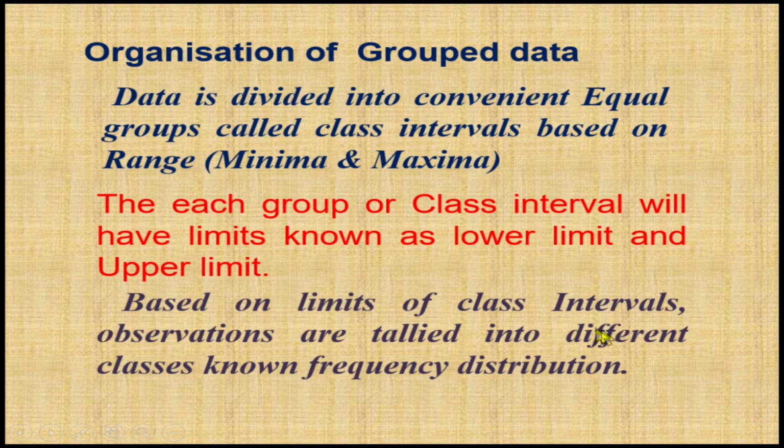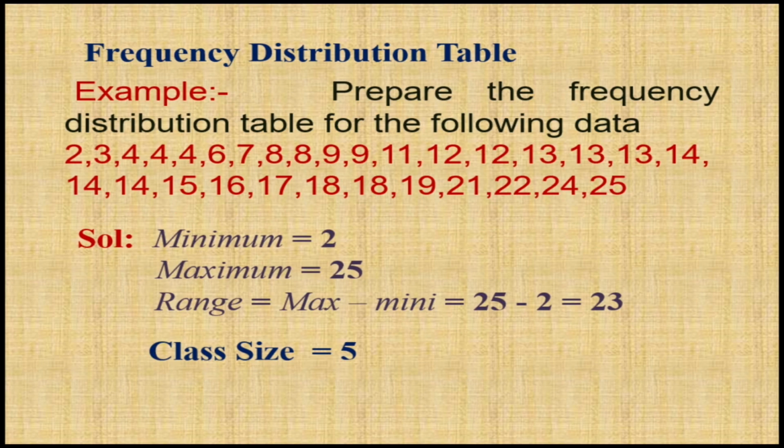Based on the limits of the class intervals, the observations are tallied into different classes, and the number of observations tallied into each class we call the frequency. This distribution of the observations into different classes is called a frequency distribution, and the table is called a frequency distribution table. Now, let us discuss an example here.